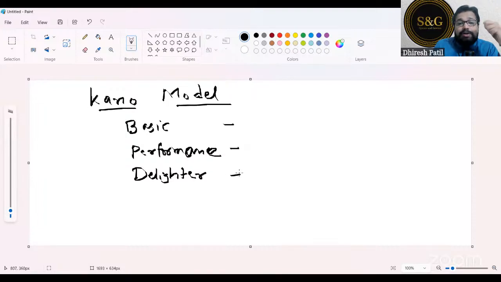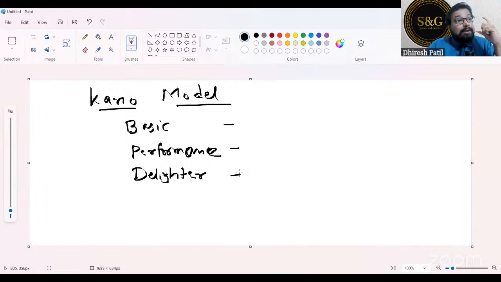And the third one is called delighter. Delighter meaning, now, the basic requirement is to write. But apart from writing, maybe you have provided a digital clock in the same. Yes. Addition of the watch. Correct. Some light, some torch. Some fragrance.